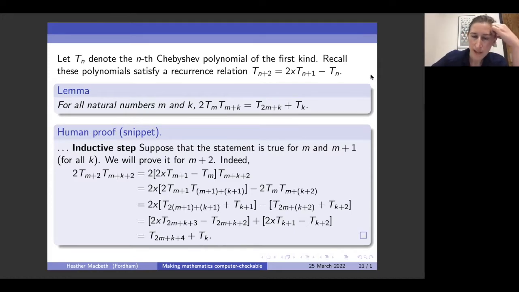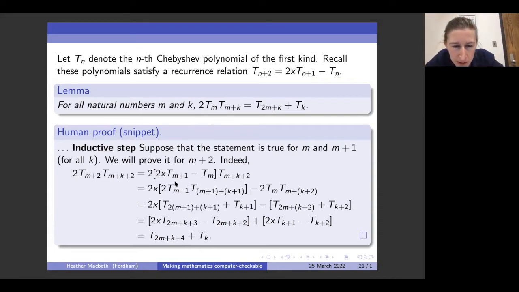And I've written what I think is a fair description of how the human proof of this kind of thing would go. So you start with the left-hand side, and you inspect it, and you say to yourself, okay, well, at this stage maybe I can use my recurrence relation. And then you pick that apart and you try to rearrange your recurrence relation now to look like the inductive hypothesis.